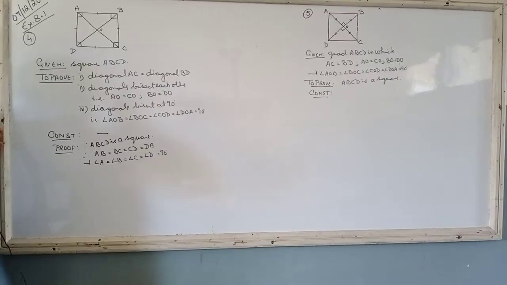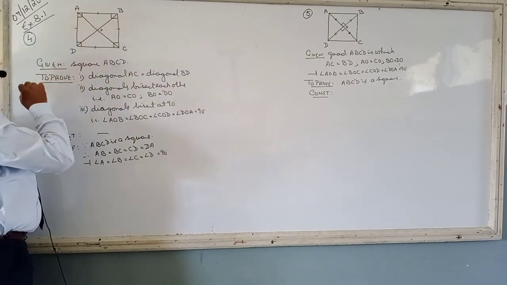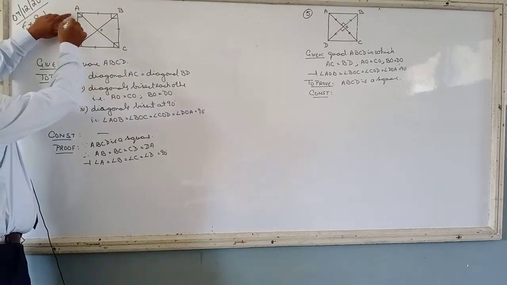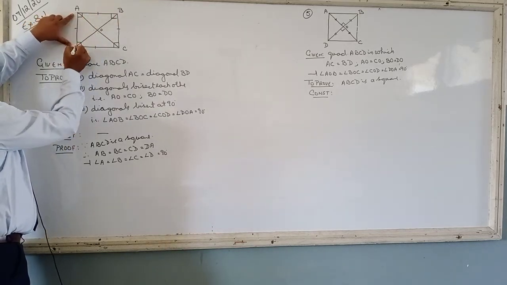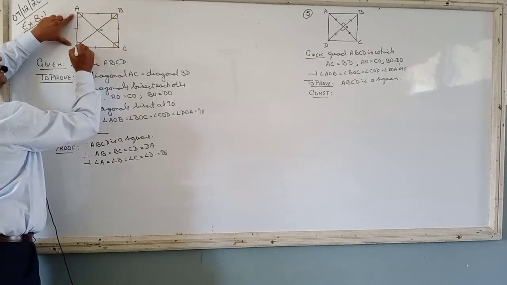Now we need to prove the first thing: the diagonals are equal. Which are the diagonals? Diagonal AC and diagonal BD. So we can see two triangles. You can take any of them: ADC and BCD.